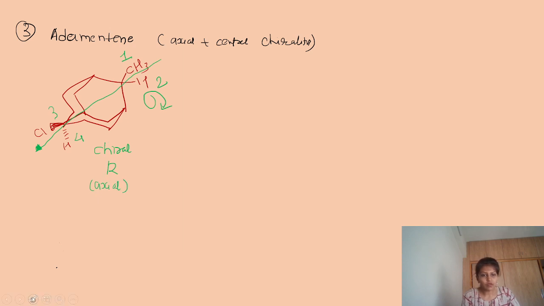Okay, so I am giving an example of an adamantane system, another example in which central chirality is observed. So first of all, draw adamantane. This is the adamantane, right? Now suppose one functional group is present, suppose here Br, and here another functional group, deuterium.